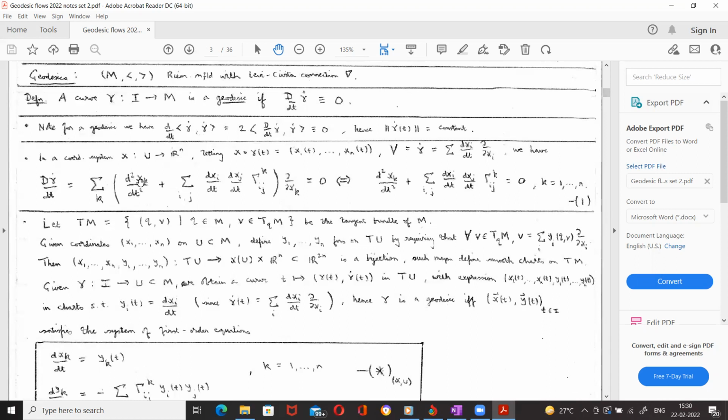So when I take dv/dt, I'll get d squared xk/dt squared, sum over k, plus sum over i,j of dxi/dt dxj/dt. This is my vi vj.